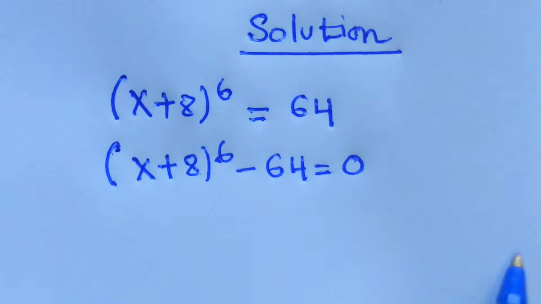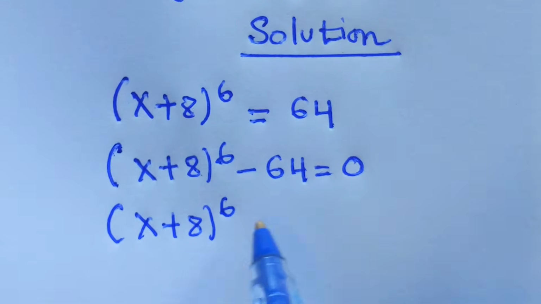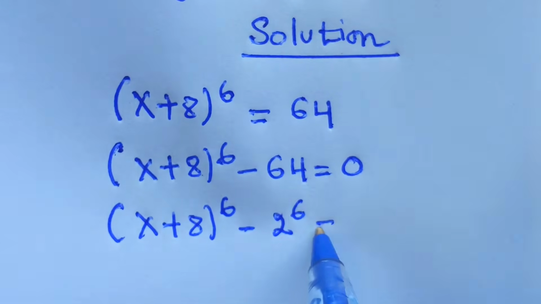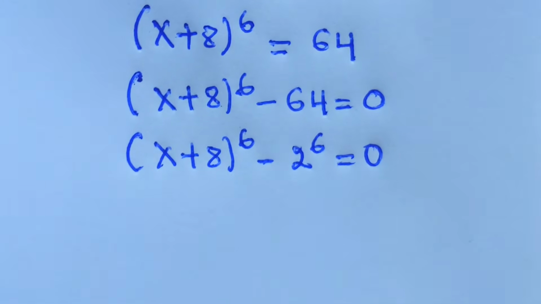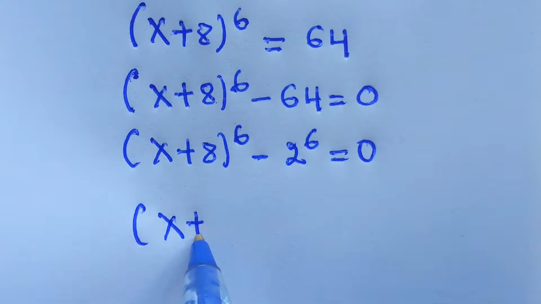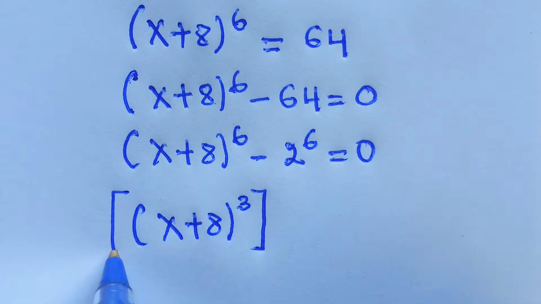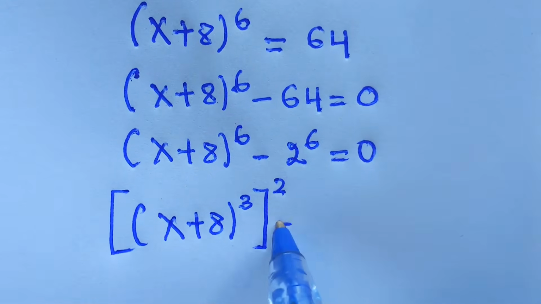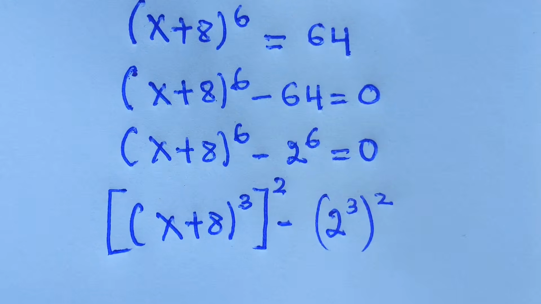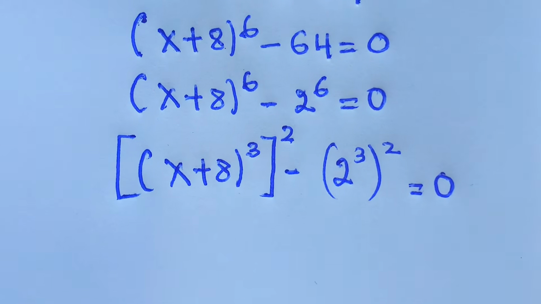Of course, 64 can be transformed into 2^6. Now we can write (x + 8)^6 as ((x + 8)^3)^2, minus (2^3)^2, equals 0.